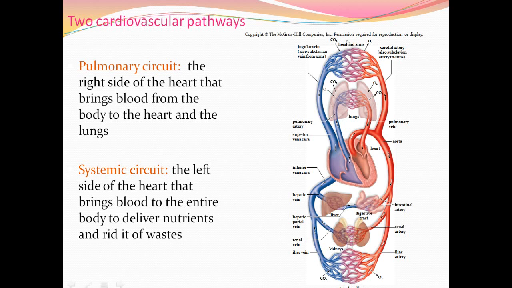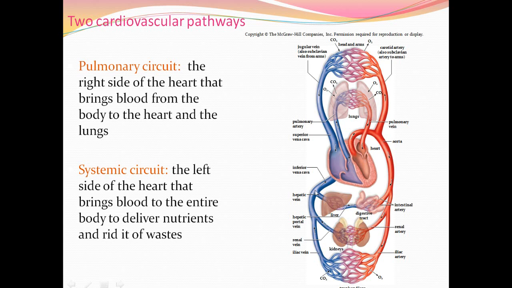Okay, so the pulmonary circuit. There's two pathways that the blood takes. One is called the pulmonary circuit. One is called the systemic circuit. The pulmonary circuit is the right side of the heart. So we're going to take the blood from the right atrium to the right ventricle, out to the lungs, pick up oxygen, and then take blood back to the heart.